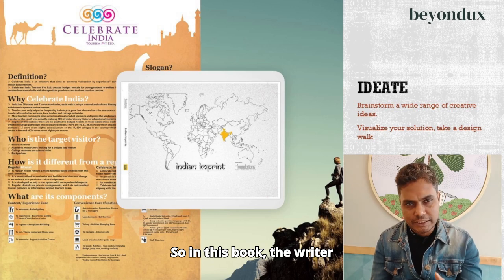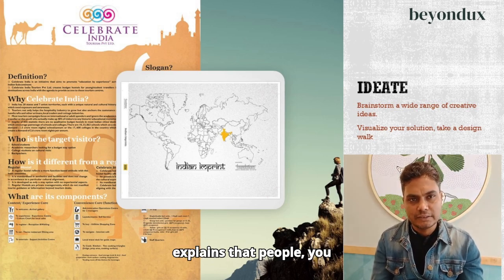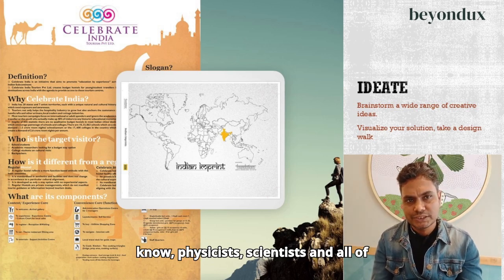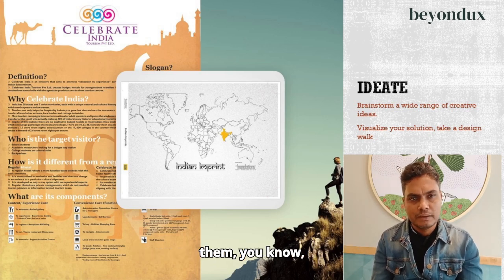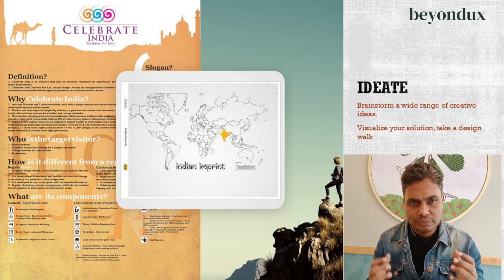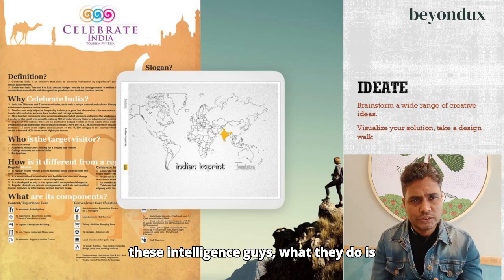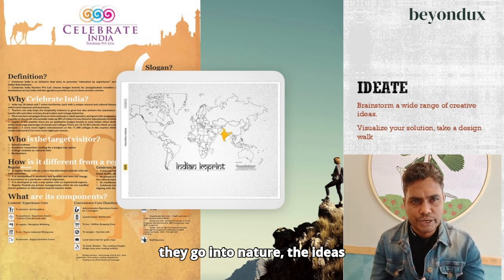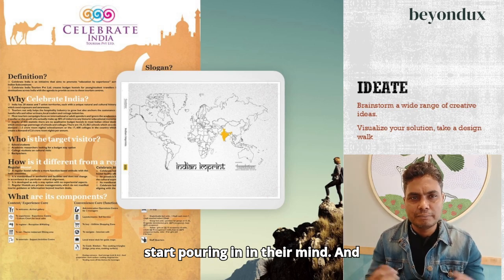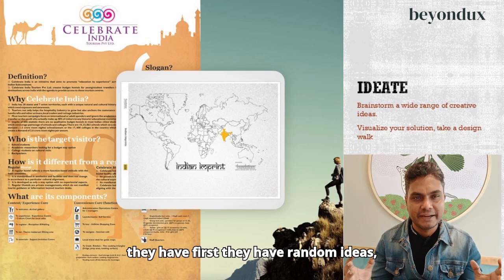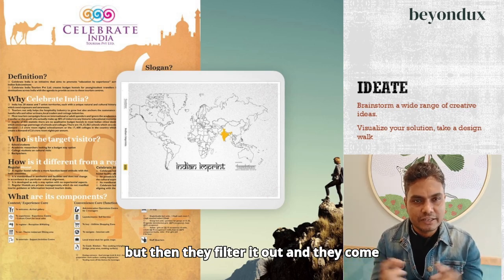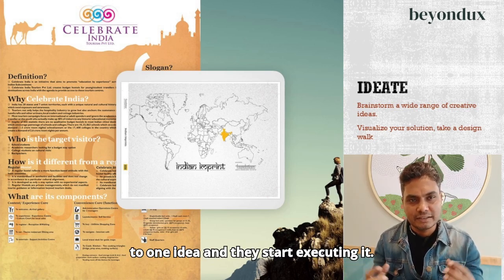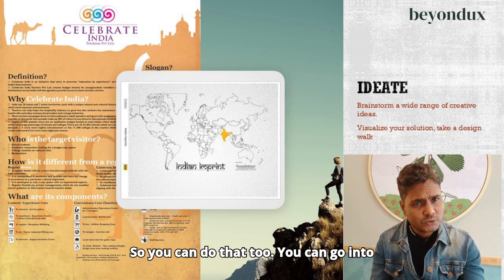So in this book, the writer explains that physicists, scientists, and all of these intelligent people go on a walk. They go on a nature walk, and once they go into nature, the ideas start pouring into their mind. First they have random ideas, but then they filter them out and come to one idea and start executing it. So you can do that too.